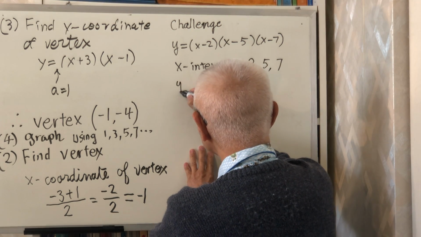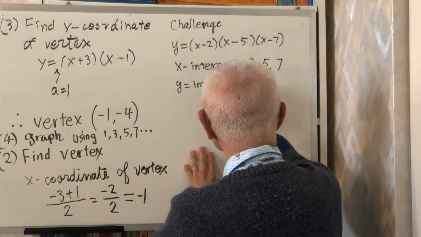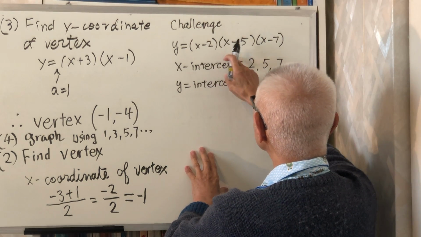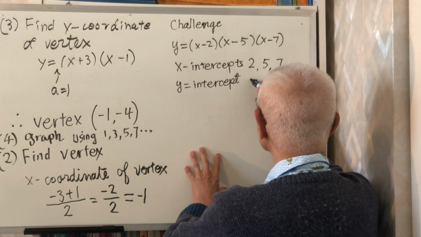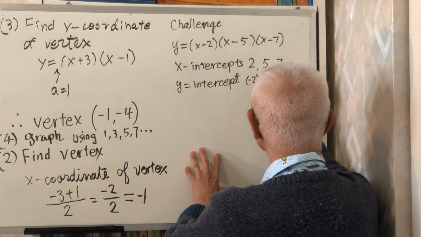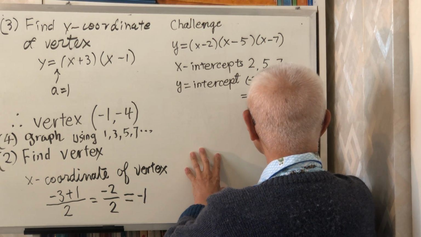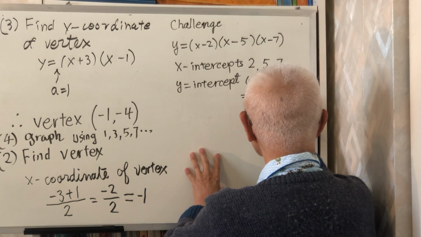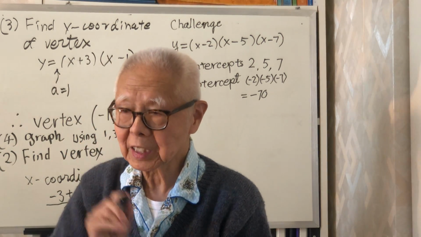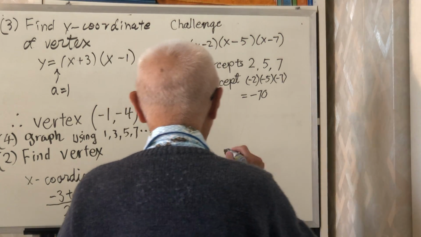So how about the y-intercept? The y-intercept is found by letting x equal 0. So y-intercept is -2 times -5 times -7. This gives you -70. So the y-intercept is -70. So I use intercepts to graph this.